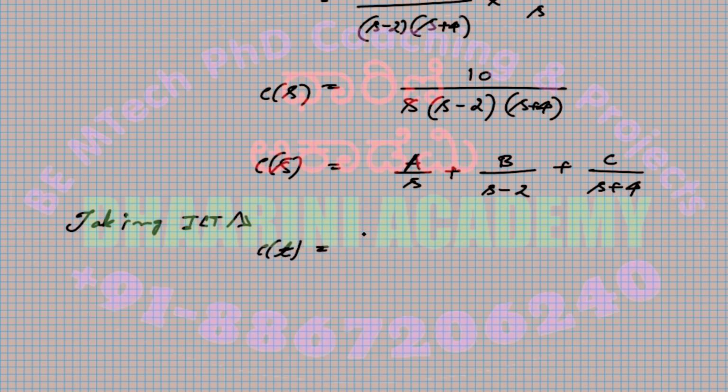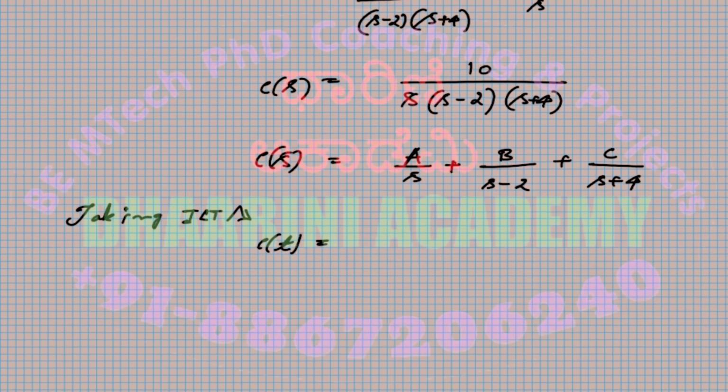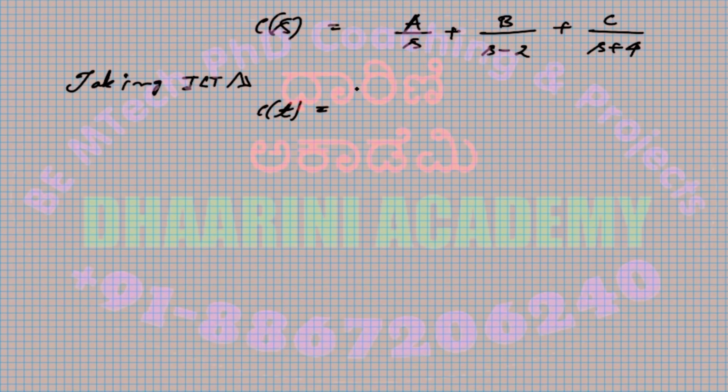What is the inverse of A by S? Normally it is A into U of t, the unit step, plus, for the second term, B e to the 2t U of t, plus C e to the minus 4t U of t.